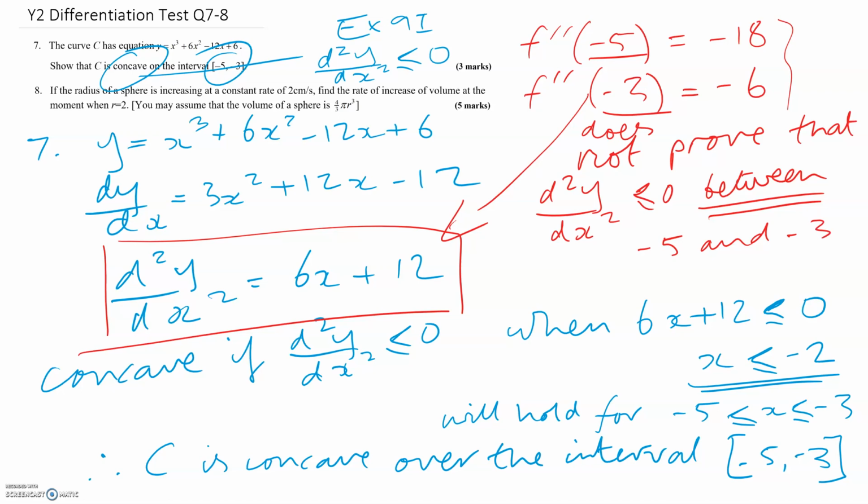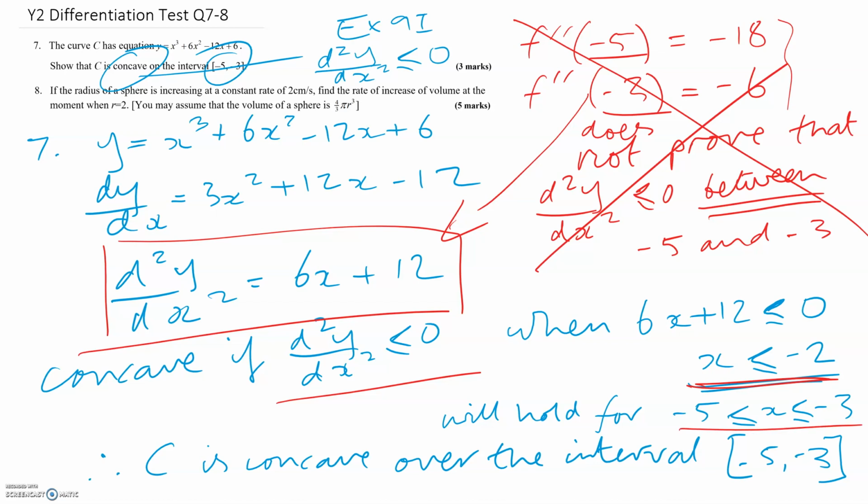So if you did this method, which a lot of students have done in the past, don't do that. To make sure you get the 3rd mark, you need to do it this way. Solve the second derivative less than or equal to 0, solve that inequality, and then write down this final statement for when the inequality holds.